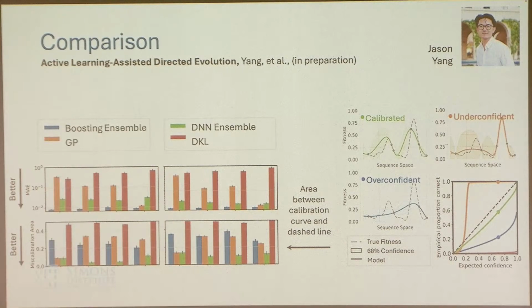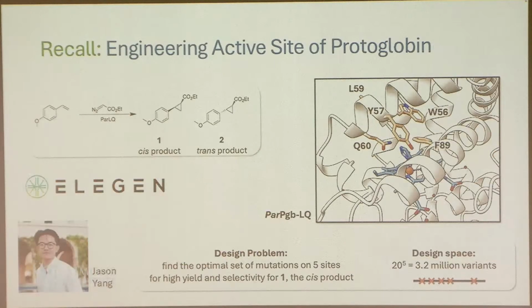If you recall, this was our motivating application, which Jason spent a lot of time thinking about. We have this protoglobin, and we want to optimize 5 locations on the active site, to increase yield for the cis product and decrease yield for the trans product.